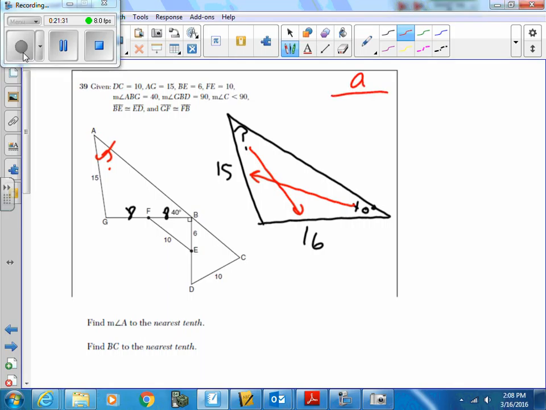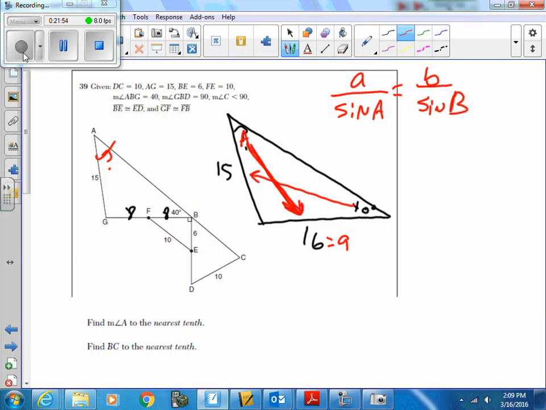So A over sine of A is equal to B over the sine of B. In this case, we'll call the angle A, and that means this is going to equal our little a, since they're opposite from one another. Make sure you understand that.